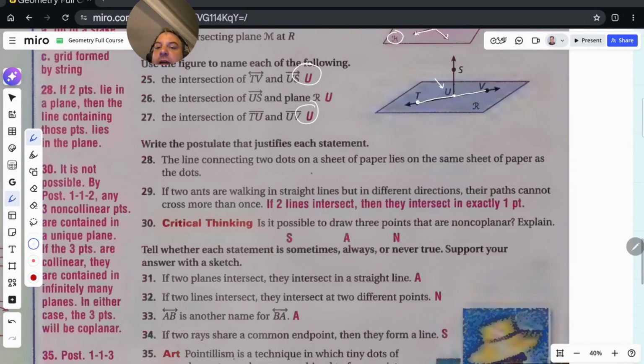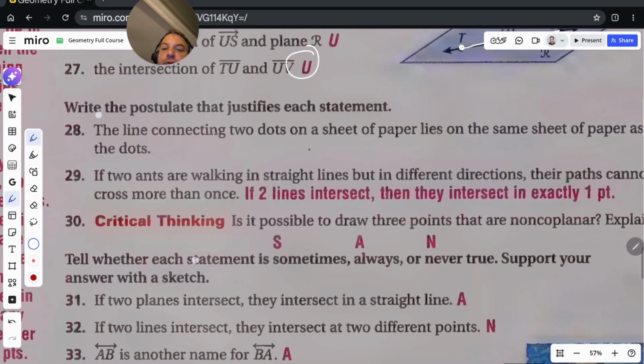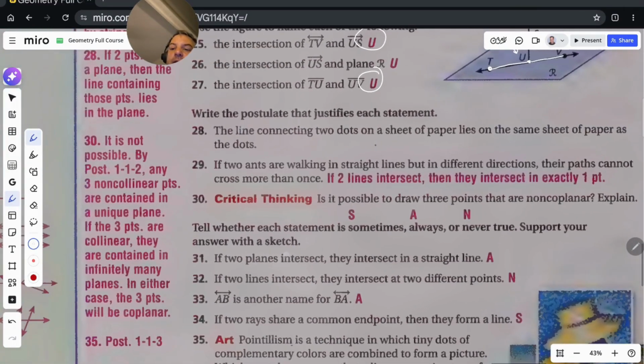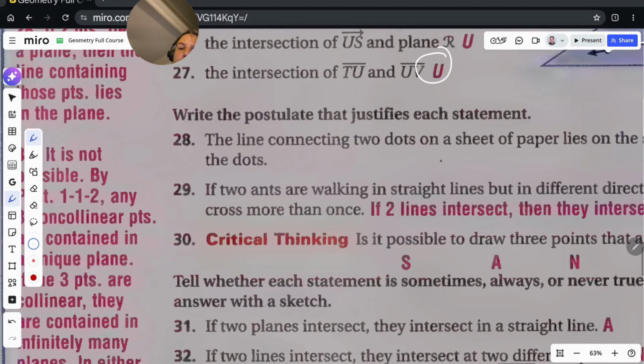All right, let's take a look at 28. Write the postulate that justifies each statement. 28, the line connecting two dots on a sheet of paper lies on the same sheet of paper as the dots. Oh, right. This will go back to our other video. This will be postulate 113.